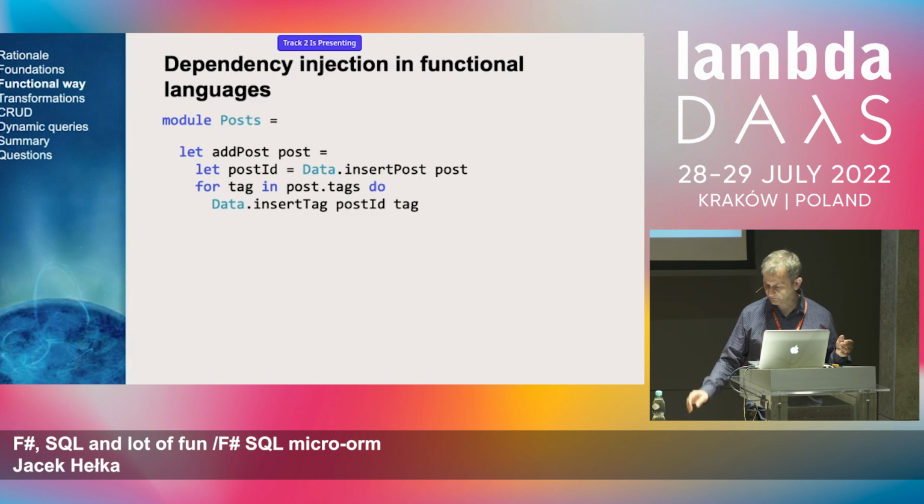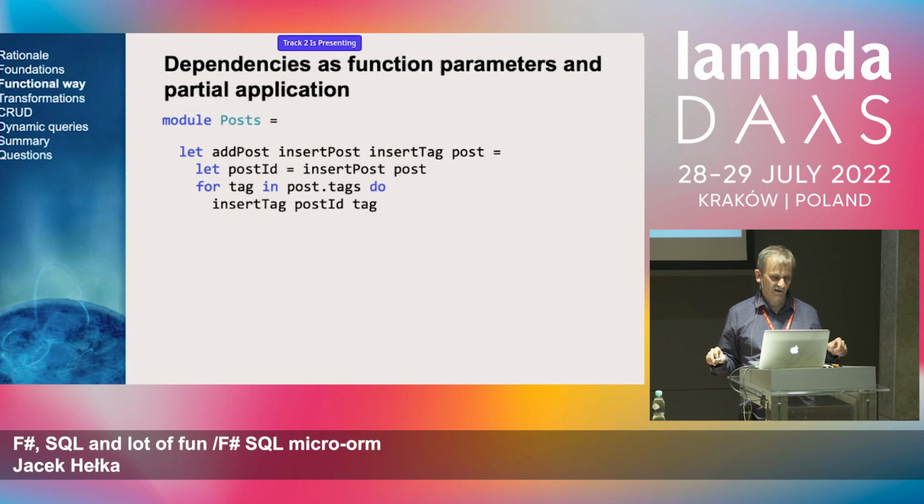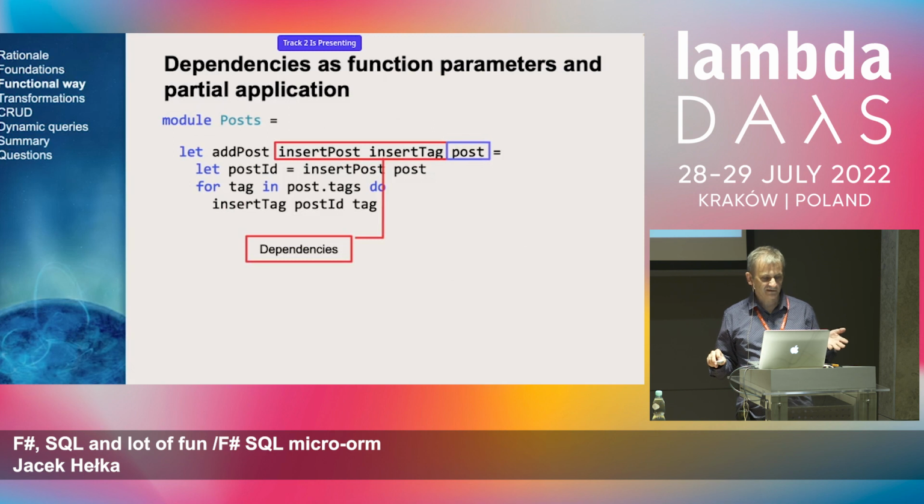So how to do it? The first idea was that if we have a function that has some dependencies hard-coded, we can replace them with parameters, and then we have two kinds of parameters, dependencies and regular parameters.